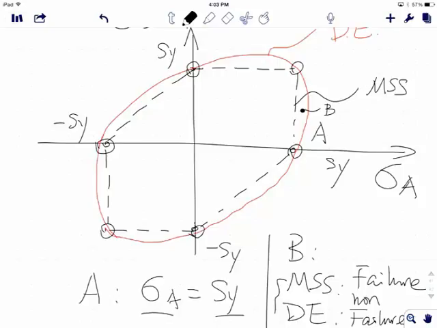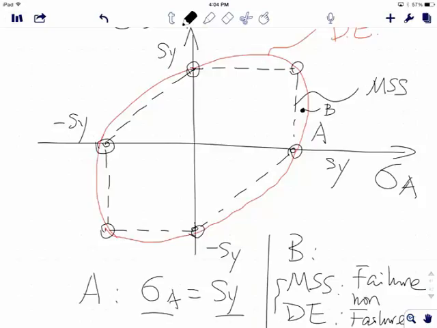Yeah. So when I say conservative or aggressive, for example, when you design a structure, you have maximum stress in the material, right? So for example, the stress state is like in point B. You have a certain number of sigma A, you have a certain number of sigma B. So I'm going to decide whether it's going to be failure or not.